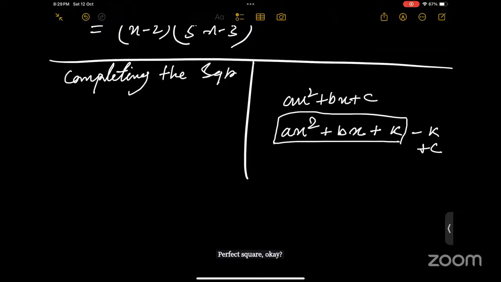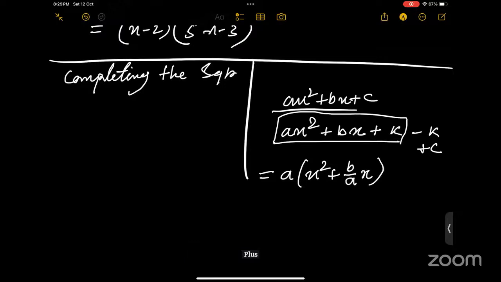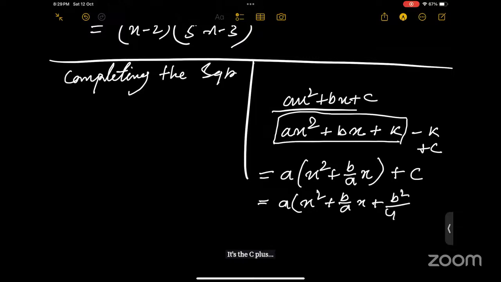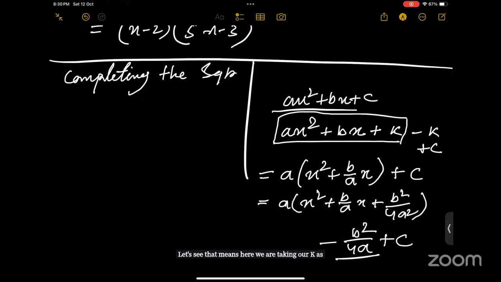We take a common from the first two terms and get x squared plus b by a x plus c. Then we adjust it: x squared plus b by a x plus b squared by 4a squared, minus b squared by 4a plus c. That means we are taking our k as b squared by 4a.